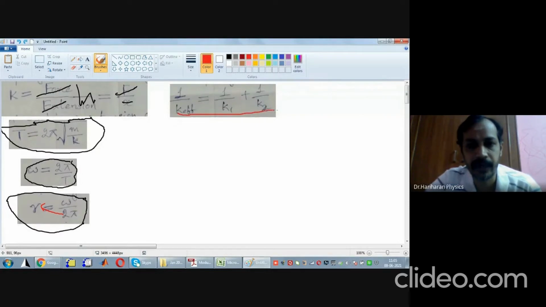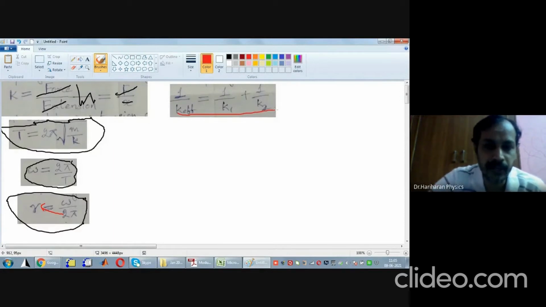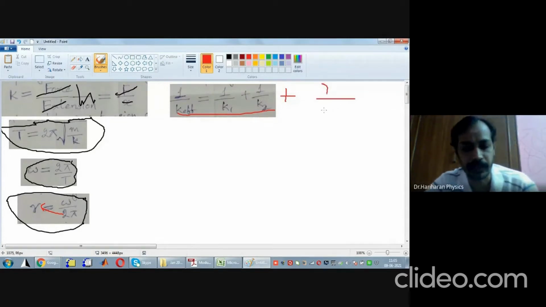Okay, this is clear. If three springs are connected in series, then you have 1 by k effective is equal to 1 by k1 plus 1 by k2 plus 1 by k3 coming into the picture. So for two springs, this is the formula.